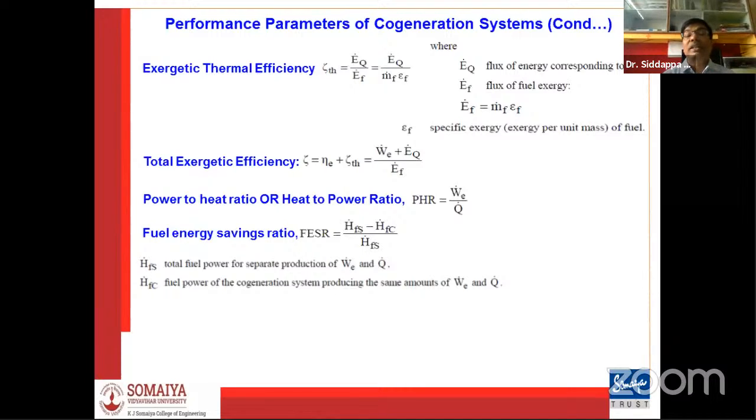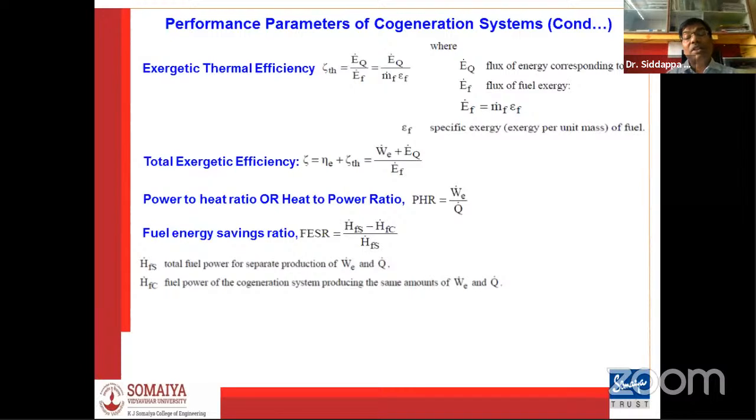If you deduct the amount of heat recovered, equivalent to its mass of fuel, from the total heat, then you will get the amount of fuel consumed in the cogeneration system.